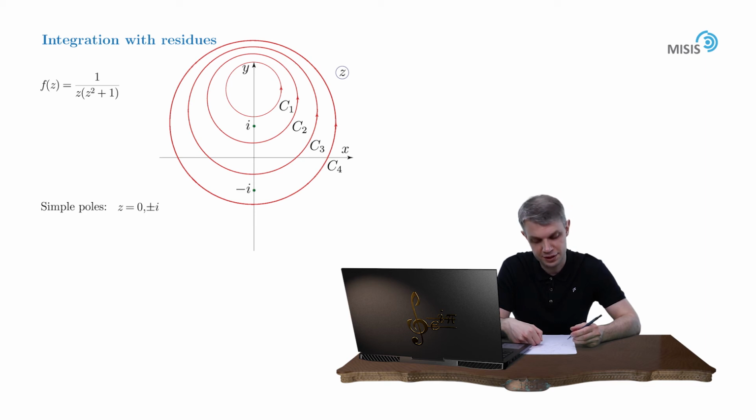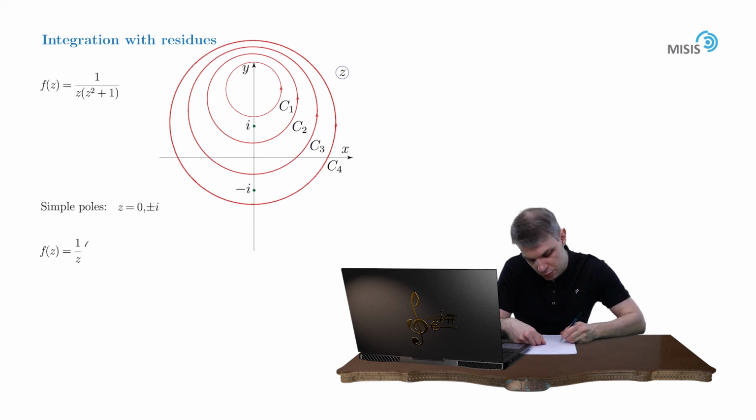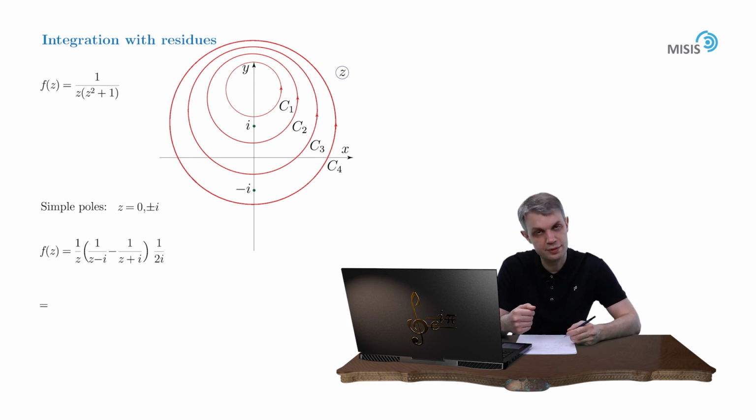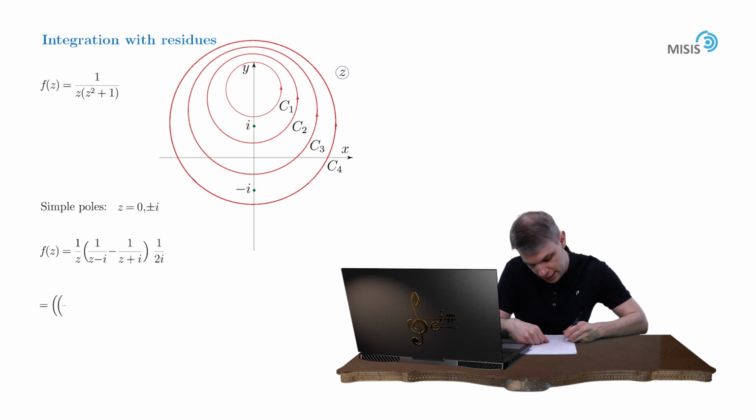Now let's simplify this function just a little bit. First of all, we decompose the fraction 1 over z squared plus 1 as 1 over z minus i minus 1 over z plus i, multiplied by 1 over 2i. And then let's decompose the product of 1 over z times 1 over z minus i as 1 over z minus i minus 1 over z, multiplied by 1 over i.